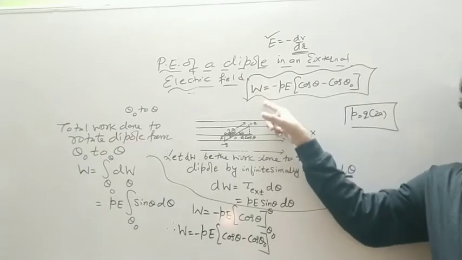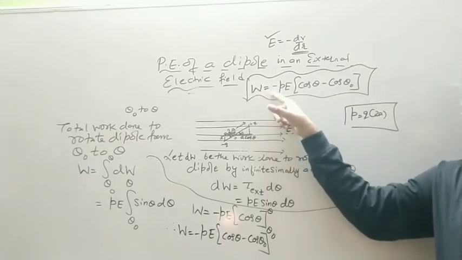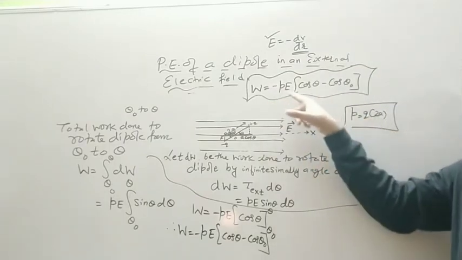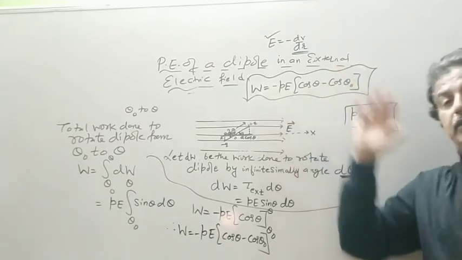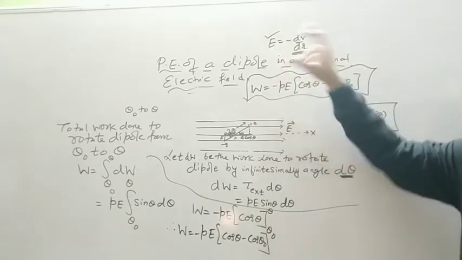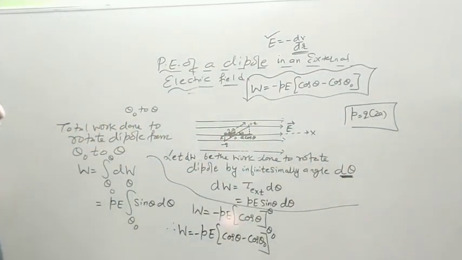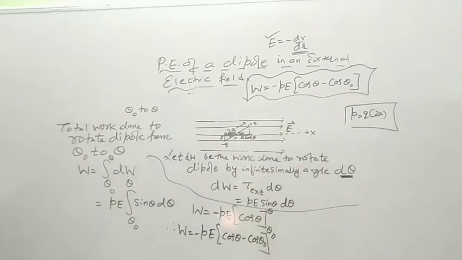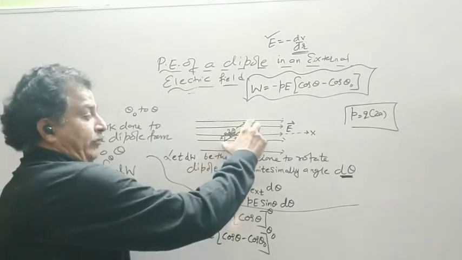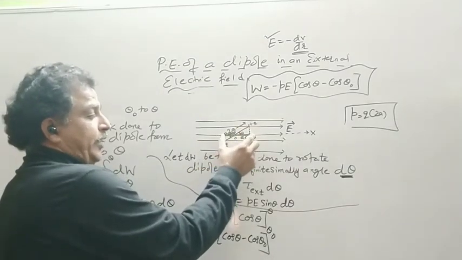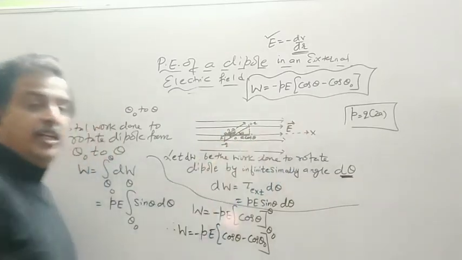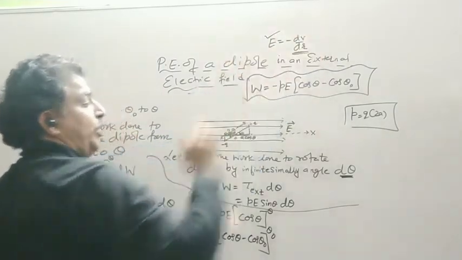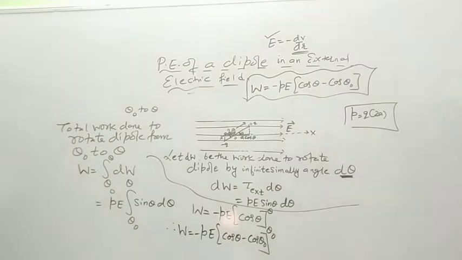So the potential difference is equal to minus E 2A cos theta, and W upon Q can be written as V. So again we get the same formula, E is equal to minus dV upon dr. We will apply this concept in some numericals, where if I have to write the distance between the charges, I will not take 2A, I will take the distance as 2A cos theta, because the field is along the x-axis and the relation is not simply E is equal to V upon dr. The relation is minus dV upon dr.